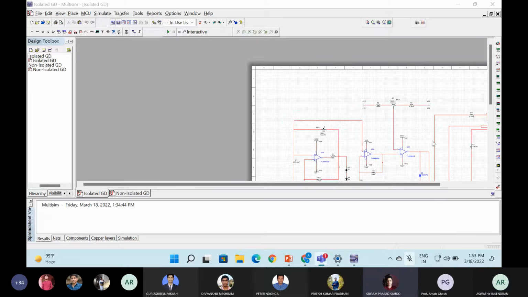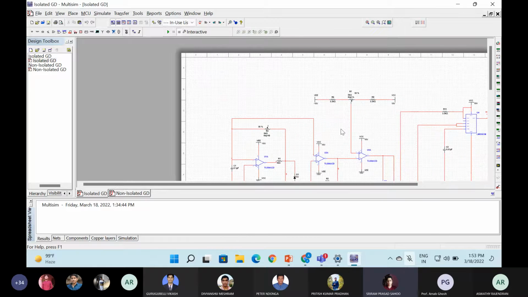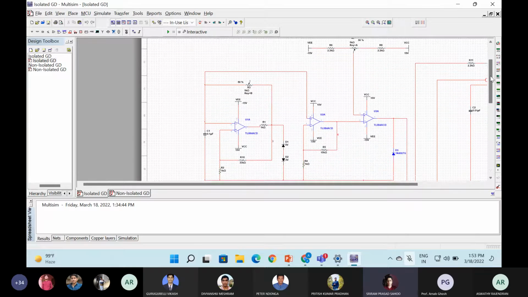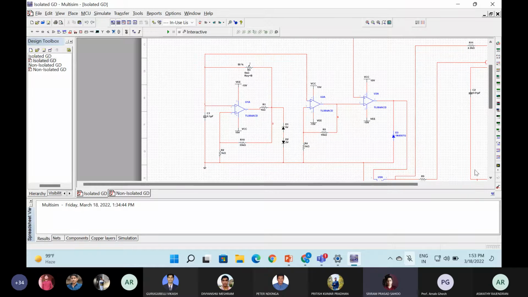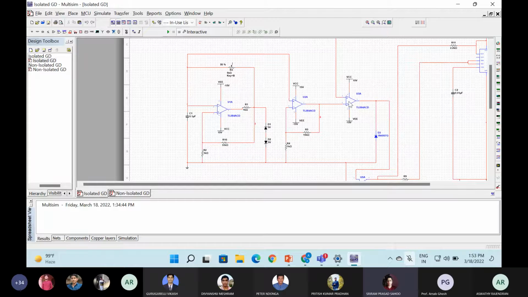Sir, the first op-amp gives square waves, sir.